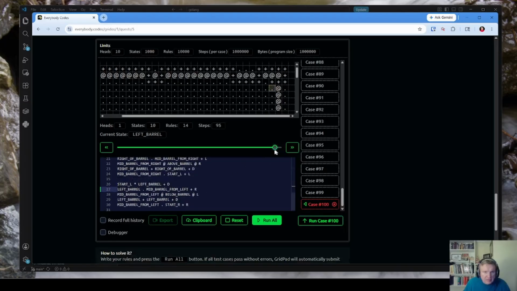Okay. So we were at left barrel. Mid barrel from left. Okay. Left barrel.